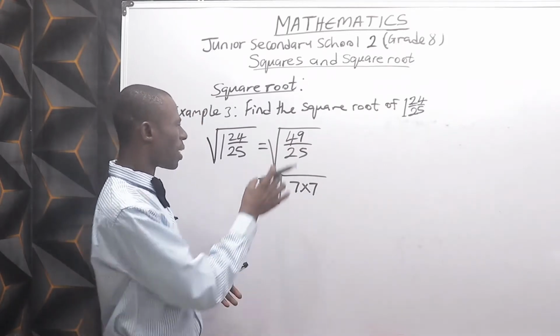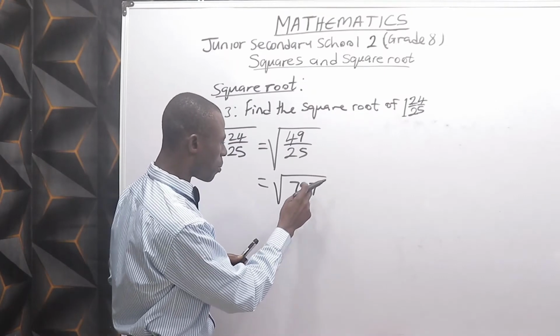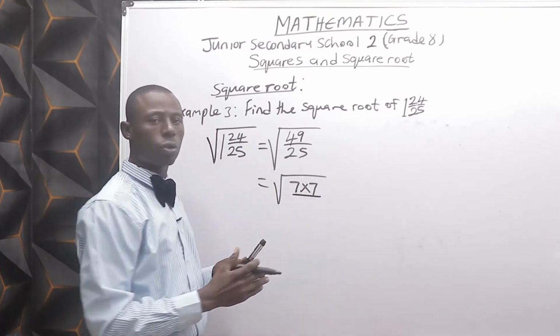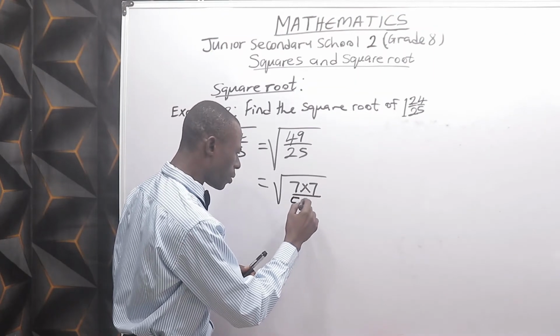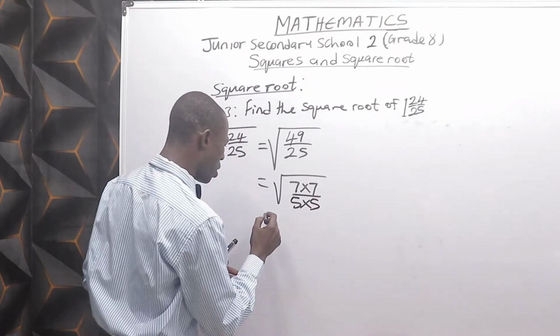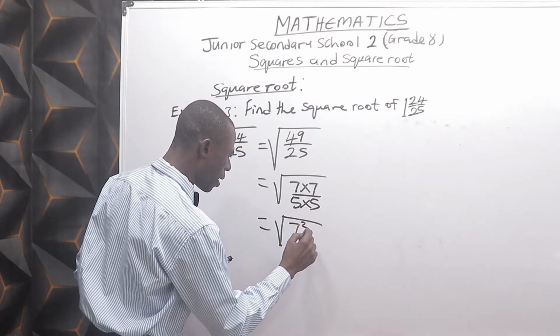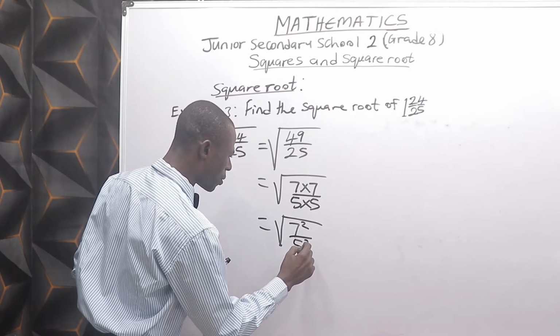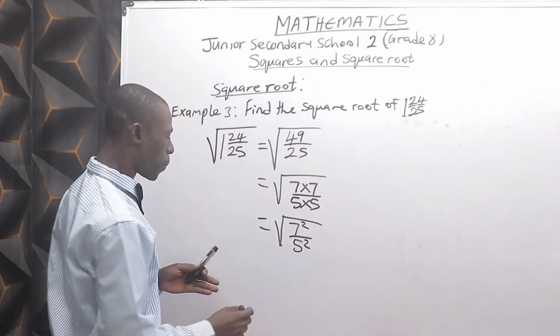You try to break each number into 2 equal factors. 25 also into 2 equal factors is 5 times 5, which is 7 square over 5 square. 7 times 7 is 7 square. 5 times 5 is 5 square.